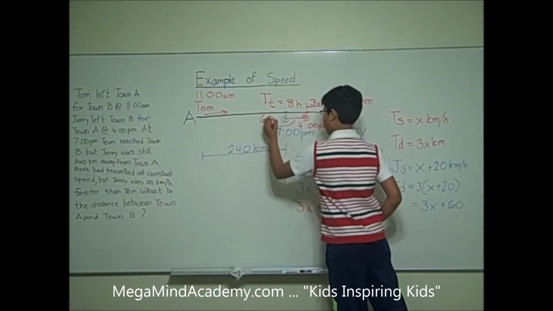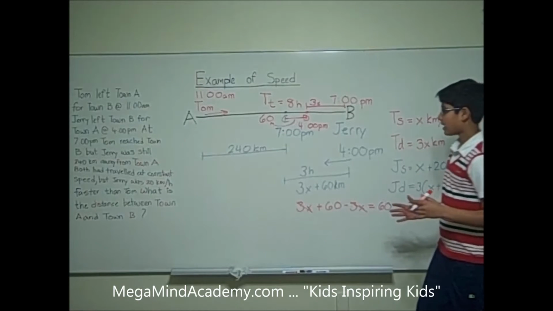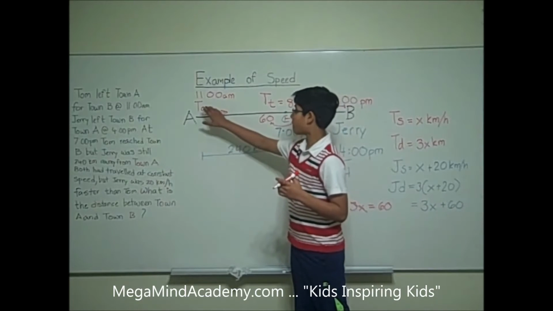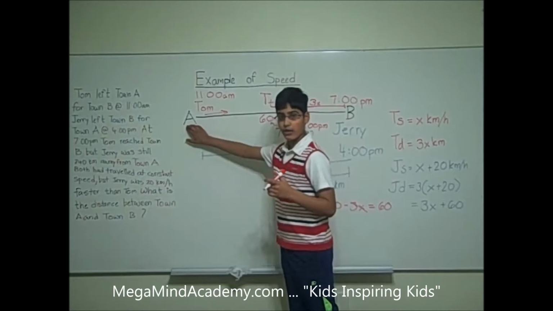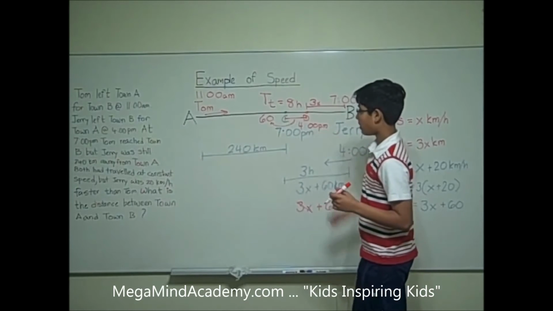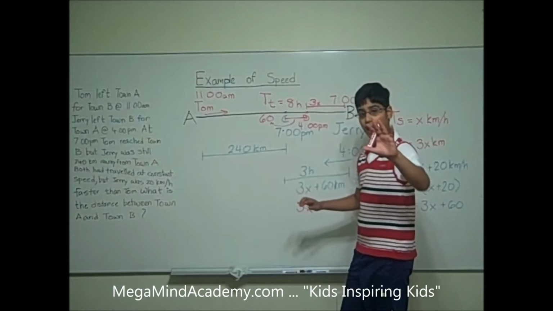So this means that Tom took 5 hours to travel from town A to town D, because from 11 a.m. to 4 p.m. is 5 hours.